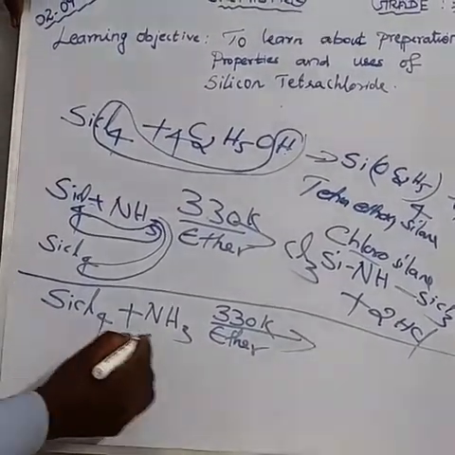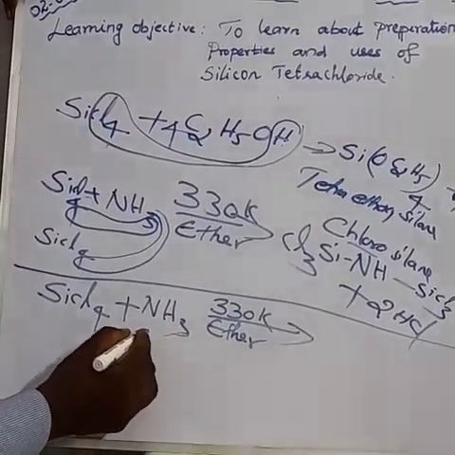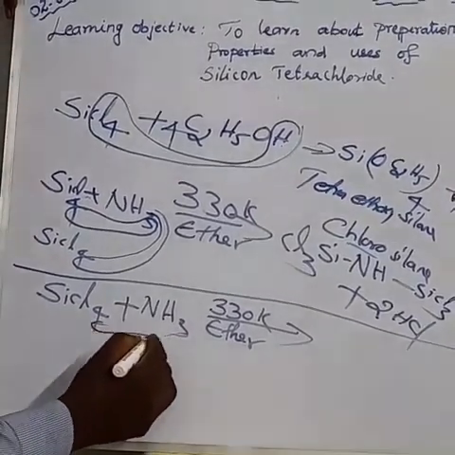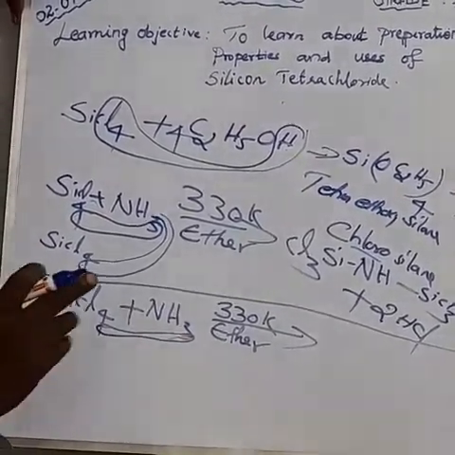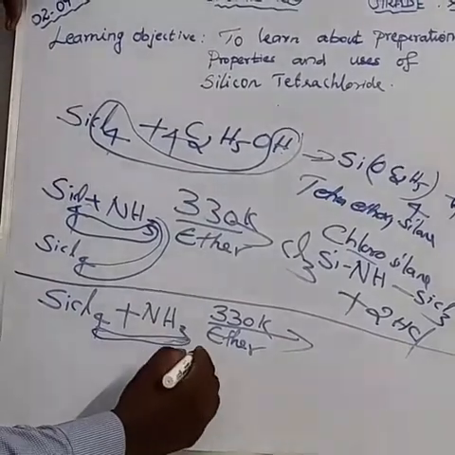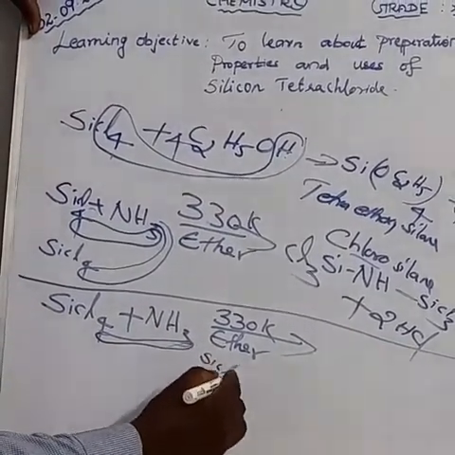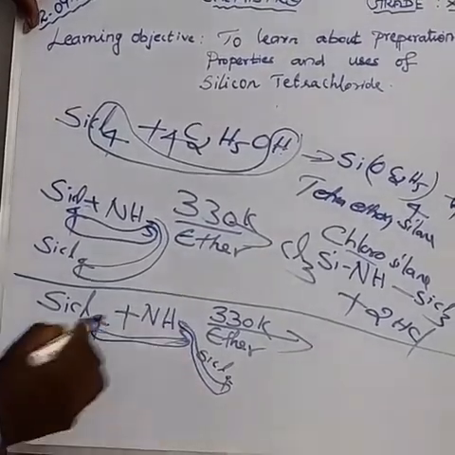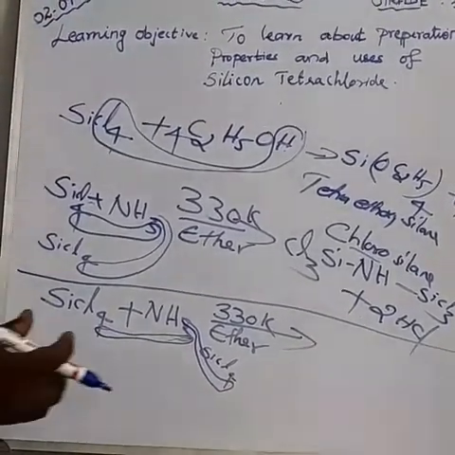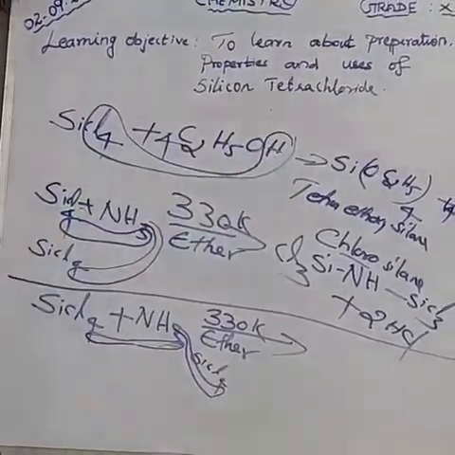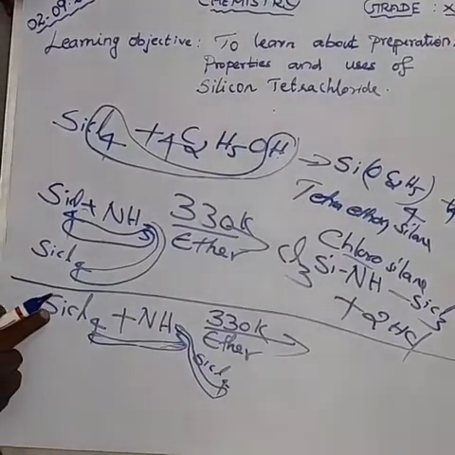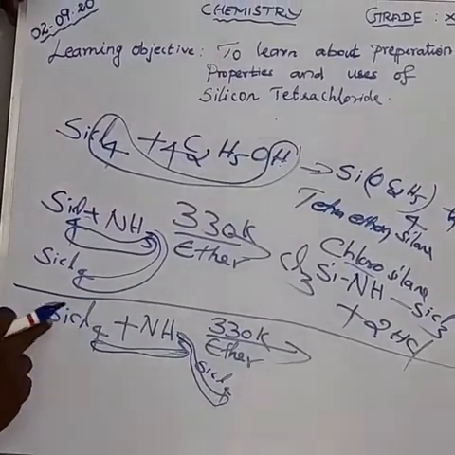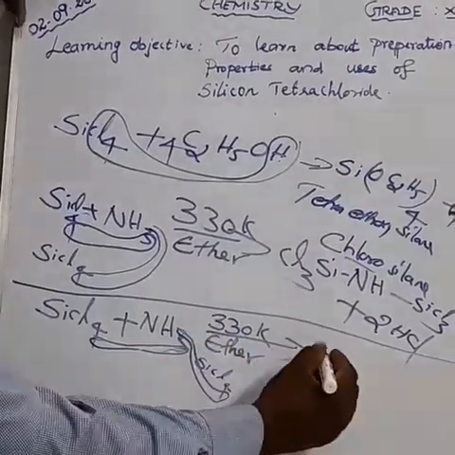Here, one hydrogen combines with one chlorine, so we get HCl. You should take another SiCl4. Another hydrogen combines with chlorine to form one more HCl. In total 2 HCl leave out. What's the remaining product here? SiCl3.